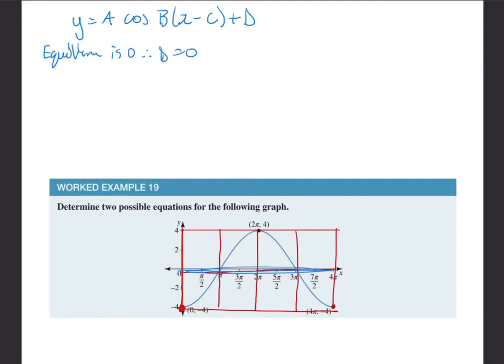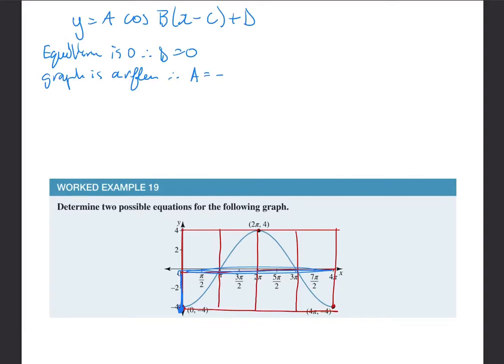I have horizontal movement, I have a reflection. I can see A is reflected. I'm going to say the graph is a reflection. Therefore, A is negative, and the amplitude is negative 2.